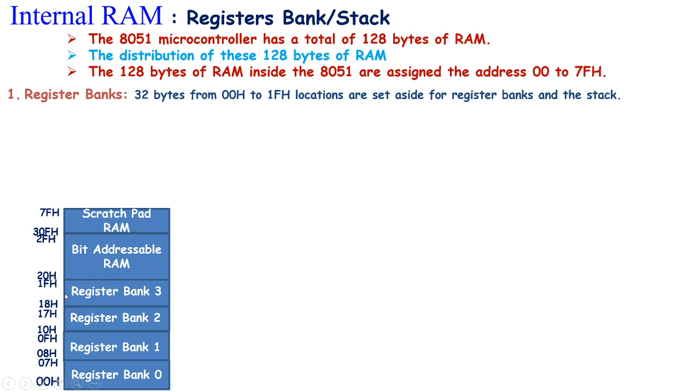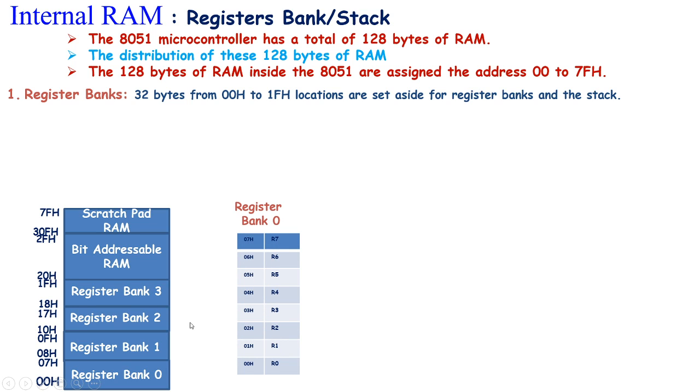So this is the address range for the register banks. Let us discuss register bank 0 in detail. Register bank 0 has the address 00H to 07H, so a total of 8 registers, R0 to R7. Initial address 00H and final address 07H for bank 0.